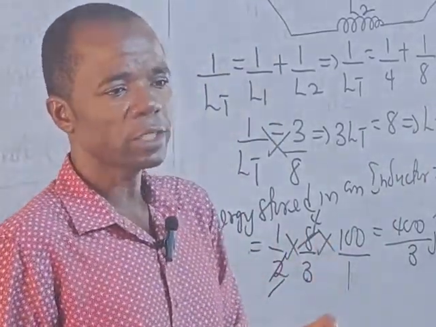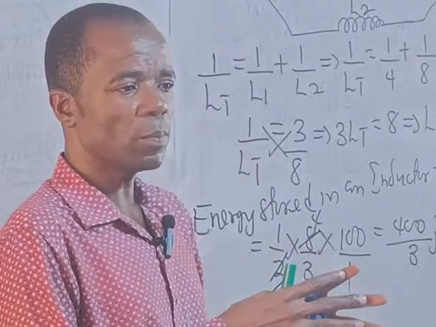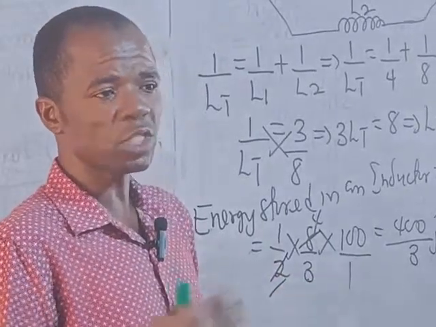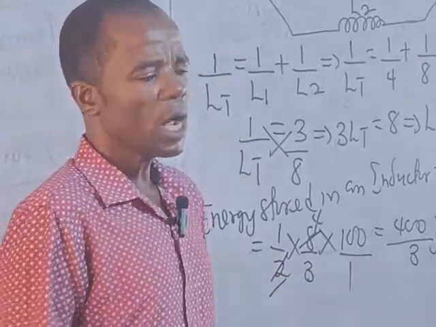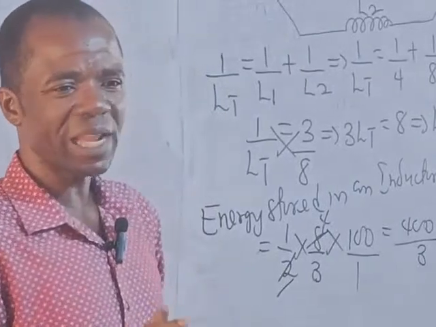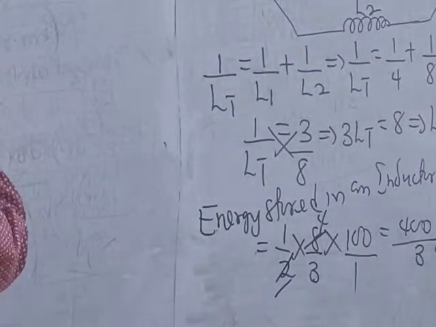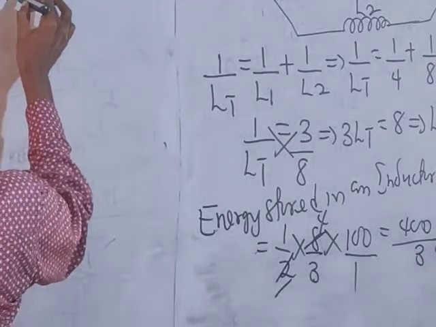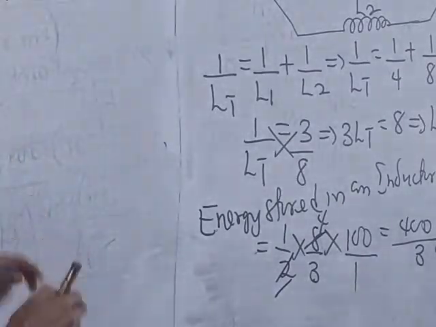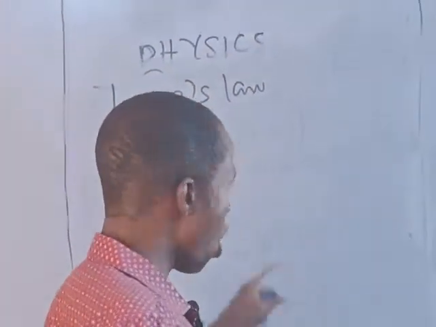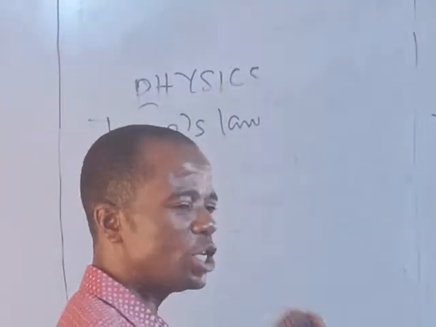Now, eddy current is always produced. At times, it is called induced current. And you remember the particular law, we call it Lenz's law. I want to believe you still remember this one. It is Lenz's law that gives the direction of induced or eddy current.